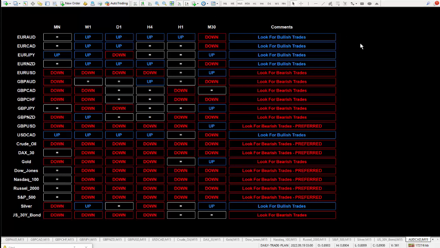This is done in real time, and every 30 minutes, followed by the 1 hour, followed by every 4 hours. These can change. So over the course of a few hours, it can go from blue bullish trades, and as you just saw right there, depending on the values of the ups and the downs, this reading printout can easily change.